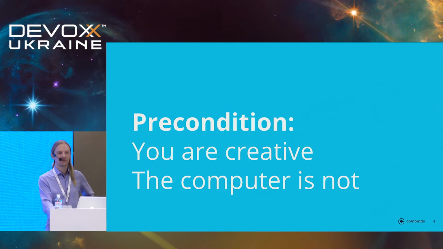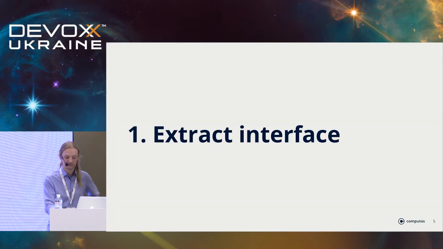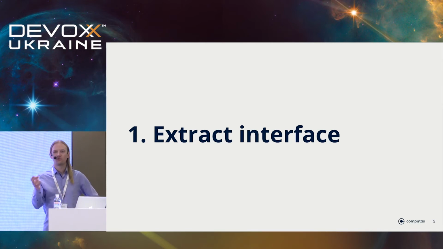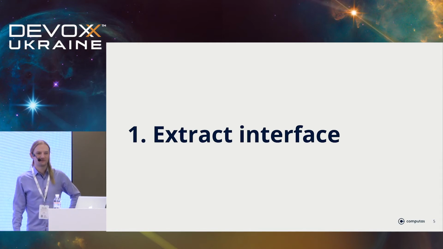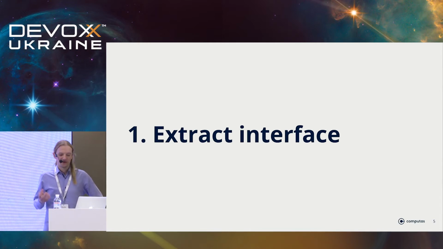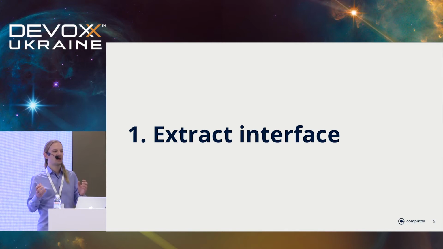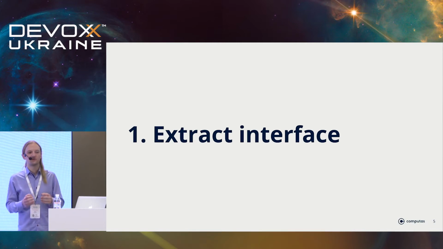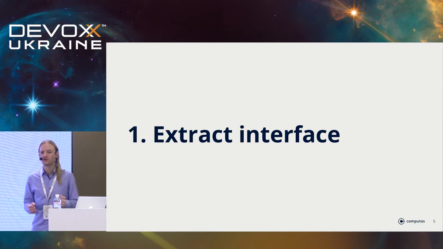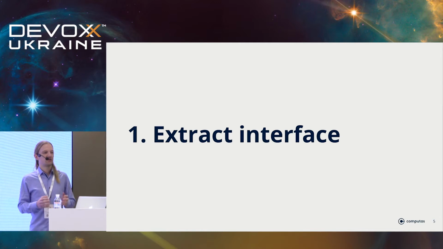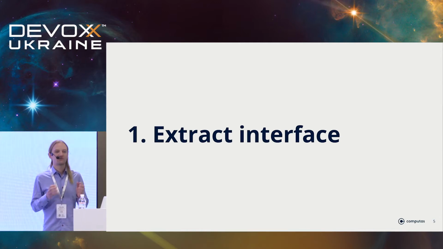So let's jump directly into tip number 1, extract interface. I assume, by the way, that many of you do program Java or similar languages. And in Java, when you extract an interface, you make the API that you're exposing to the surrounding world, to the people using your code, or to the other developers in the project, very clear to them.